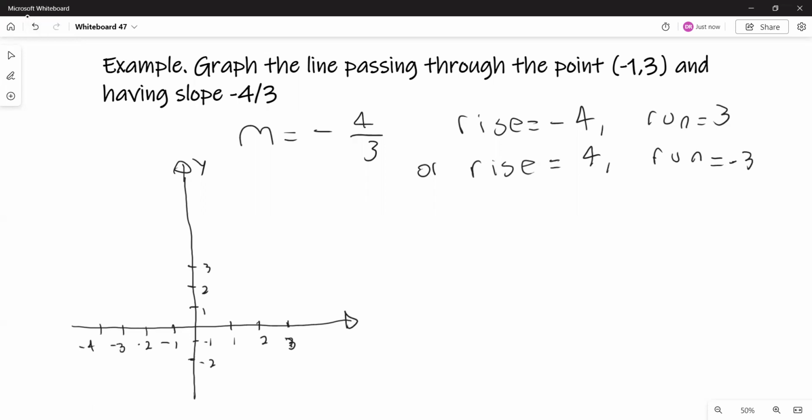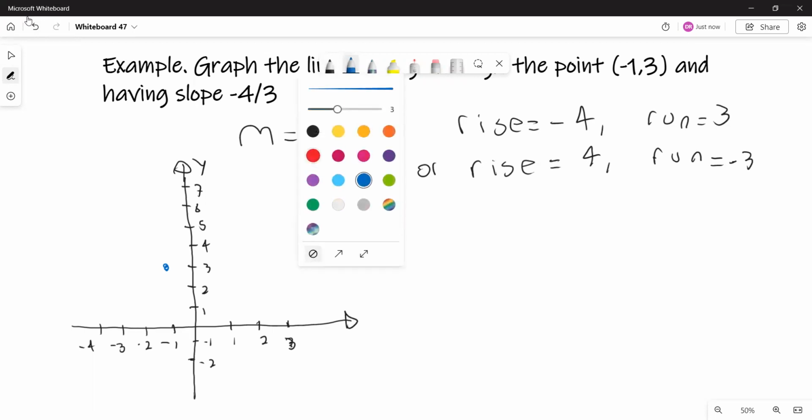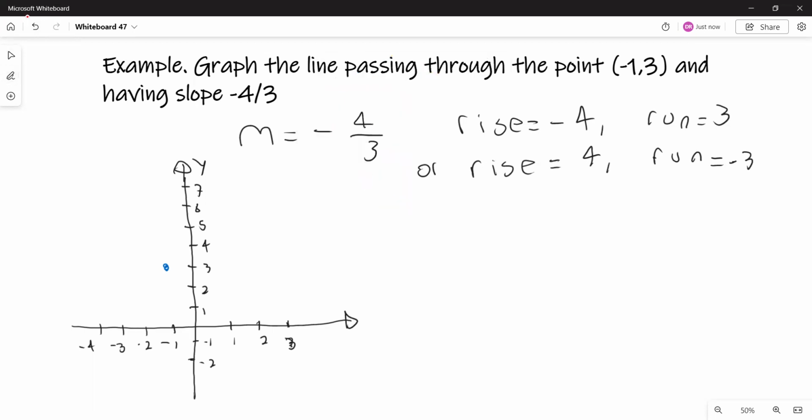Okay, so they gave us the point negative 1, 3. And I need a few more tick marks. If the slope is negative 4/3, whenever you run 3 units, you fall 4 units.